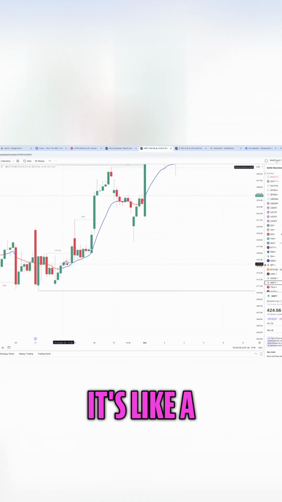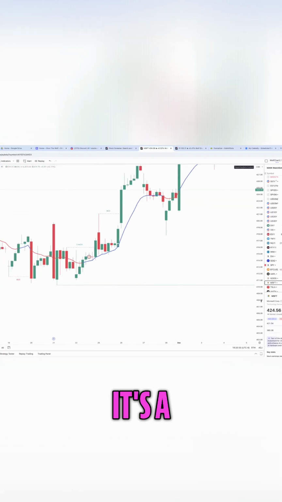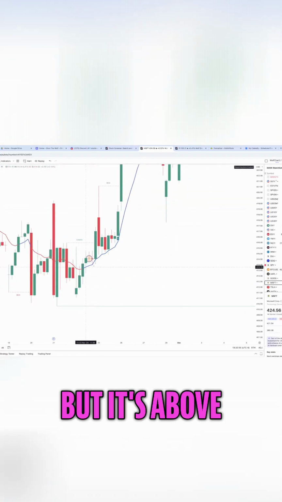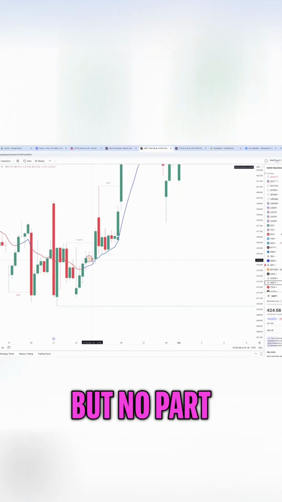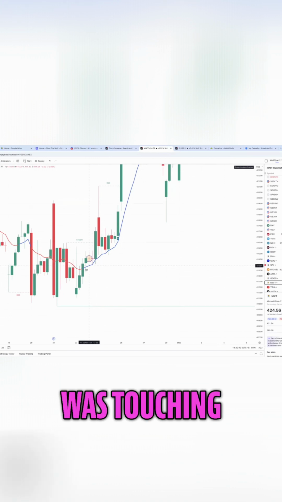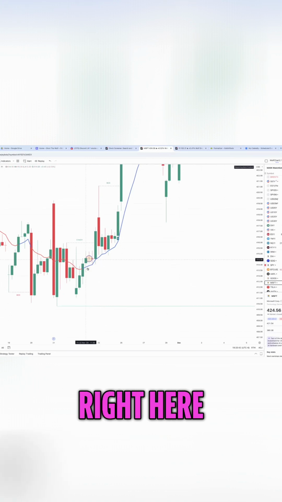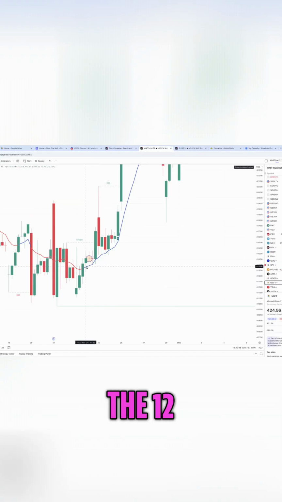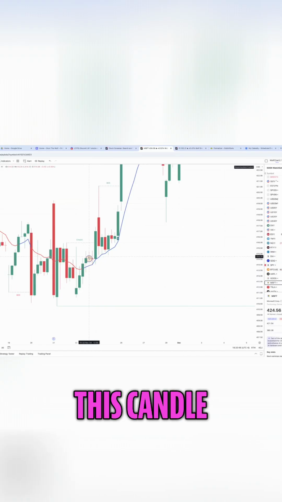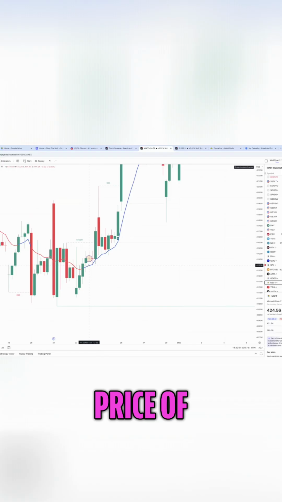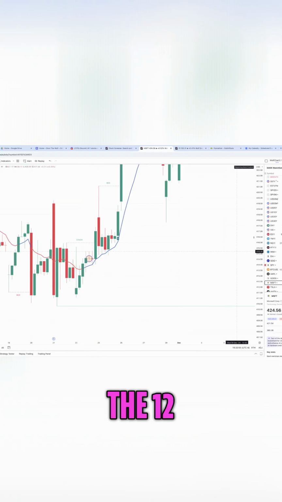It's like a doji, just like a little plus sign. In itself it's a reversal candle, but the wick of this candle is touching the 12. This candle right here is the one that signaled strength above the 12. It conquered the 12 because no part of this candle touched the 12 EMA. So now it's just above it and it dominated the 12.